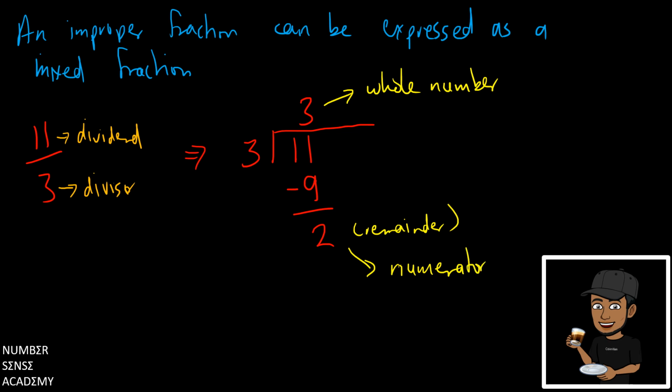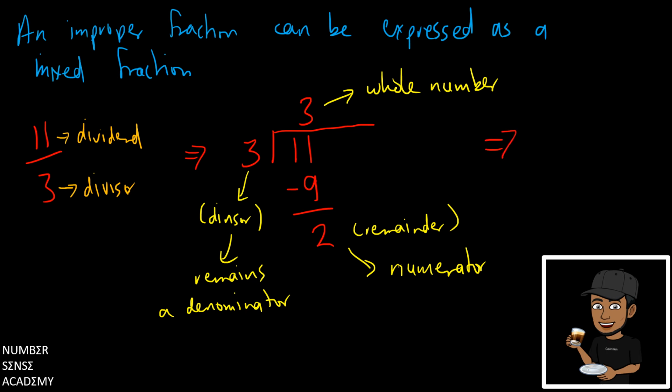And this 3, which was never changed, is still the divisor, so it's still the denominator. So now my final answer becomes 3, the numerator is 2 for the proper fraction part, and the divisor is still 3. So I have 3 and 2/3. So I'm back to where I started, which is good.